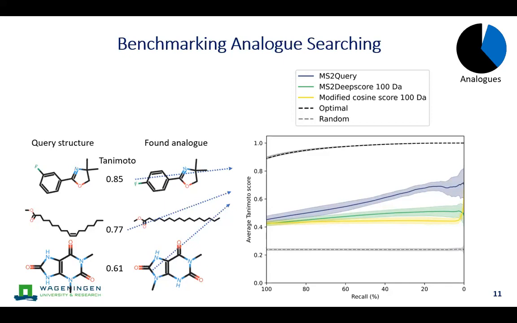What was good to see for MS2Query is that across the whole ballpark, it outperformed the traditional scores by returning structurally more similar analogs. But we would recommend to use it mainly in this realm, because here it really means something. Over here, it simply means that the structural similarity is low.